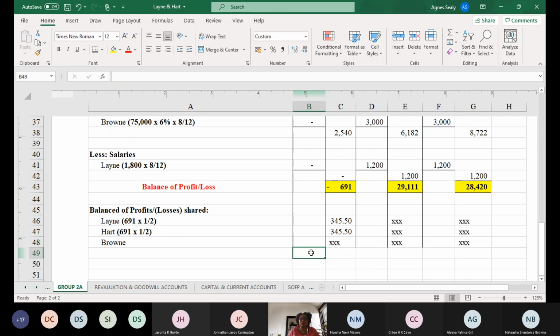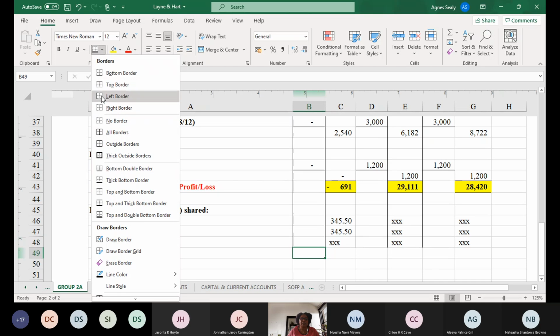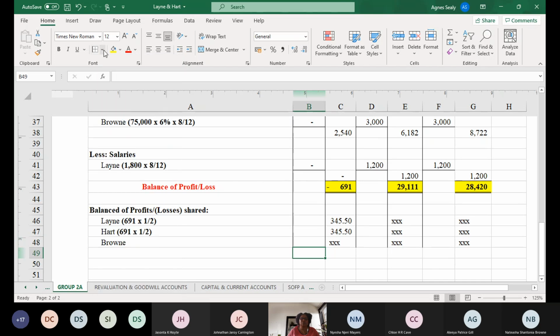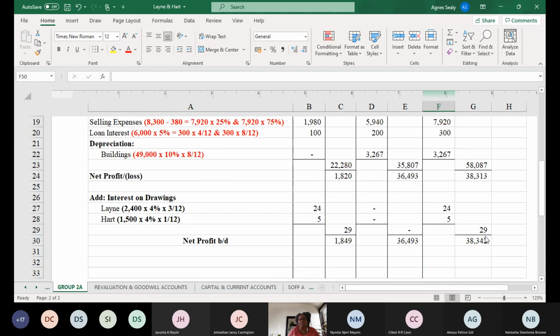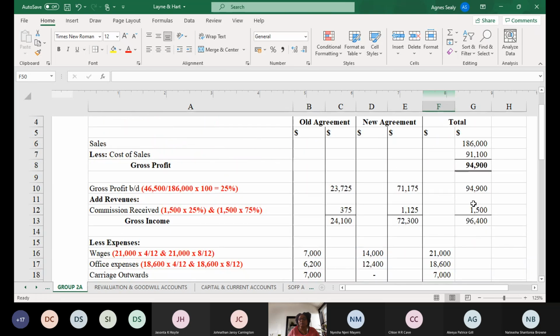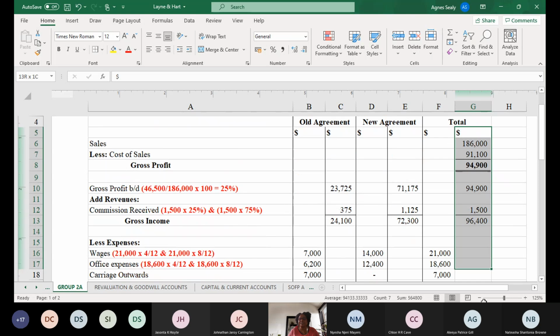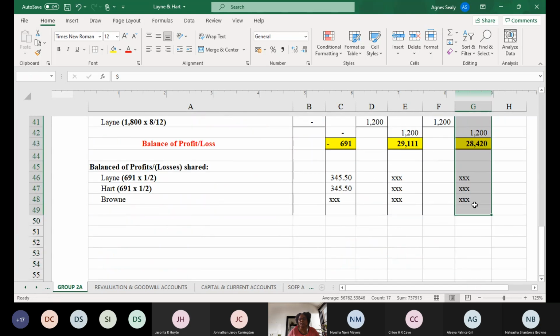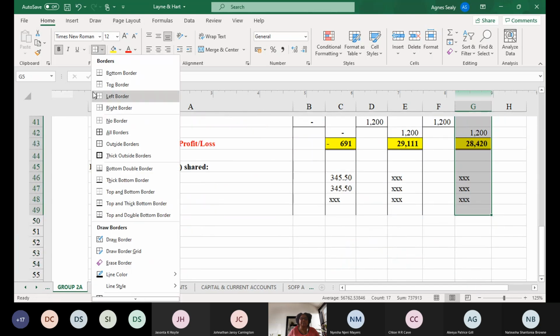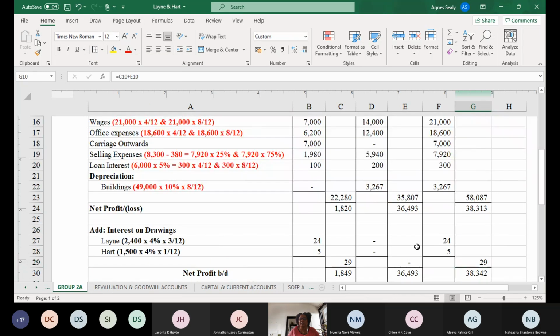There's a reason why I'm rounding that to the 50. Because a student was asking a question, I think in the other class, a student was wondering if you couldn't round it up. So I told the student that if you round it, then you'll be giving 346 for both persons.